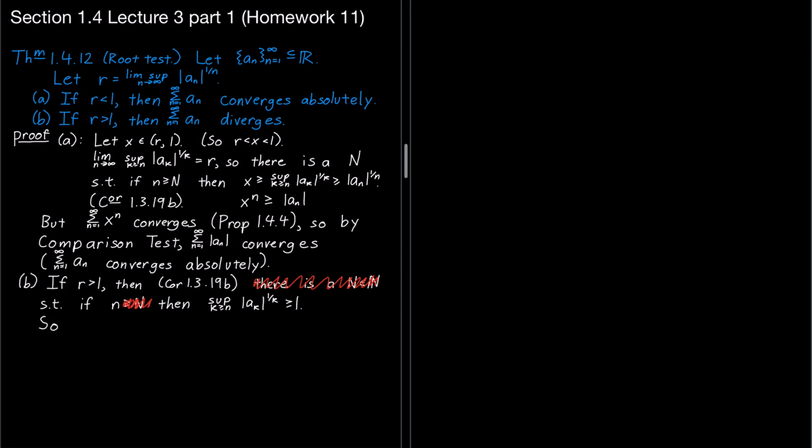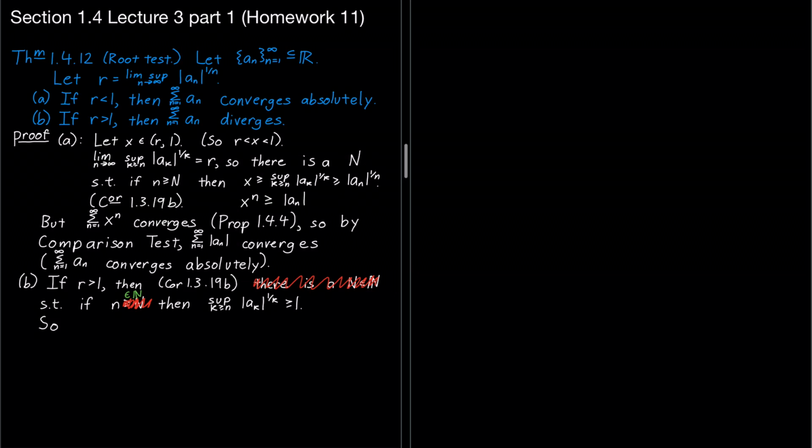We can just replace it by n, any natural number, because if n is less than big N, well, your supremum over k bigger than little n is greater than your supremum over k bigger than big N. So this is true for all n.